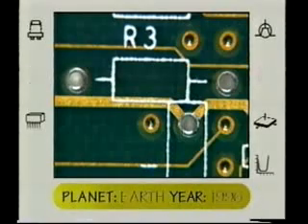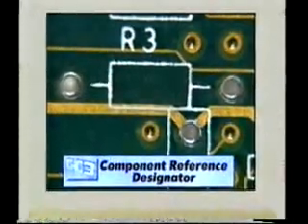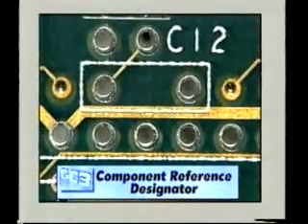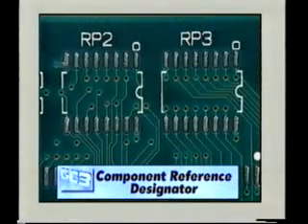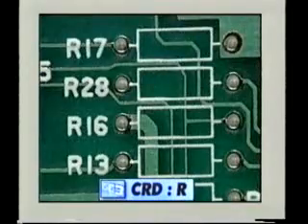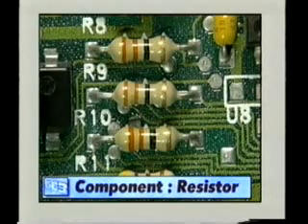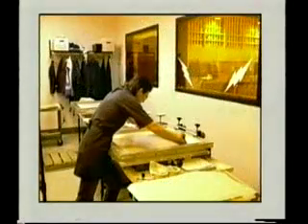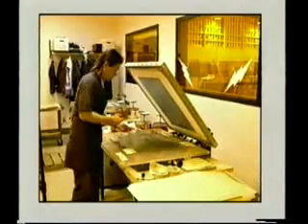The letters which identify where each component should be placed on a board during its manufacture are called Component Reference Designators, or CRDs. They are a kind of shorthand or code which tells what component goes where on the board. CRDs are silkscreened by the board's manufacturer onto the printed wiring board in non-conductive ink.